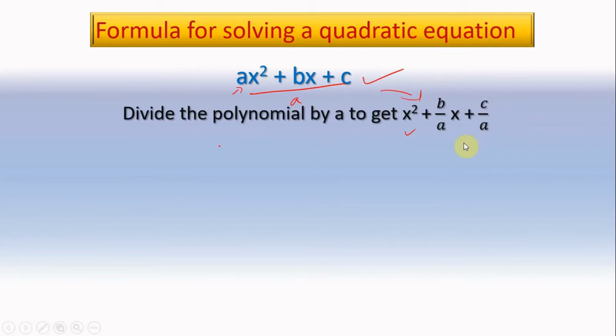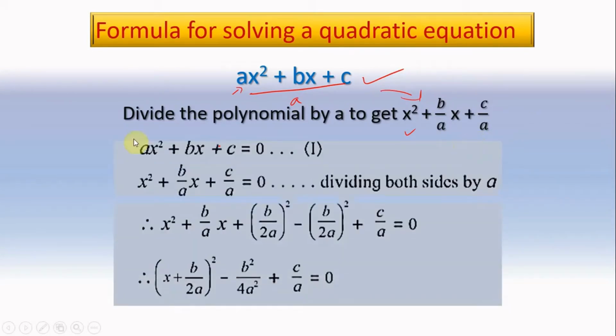This equation we developed. The same equation is applied here in order to develop a new equation. So please try to understand each and every step done over here.